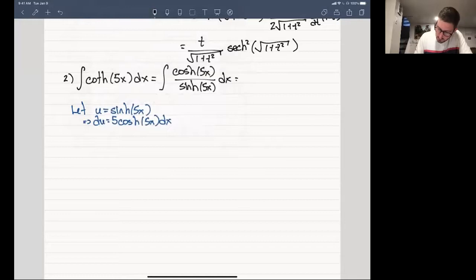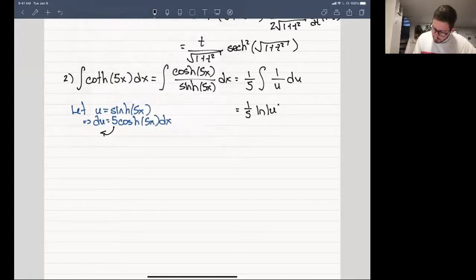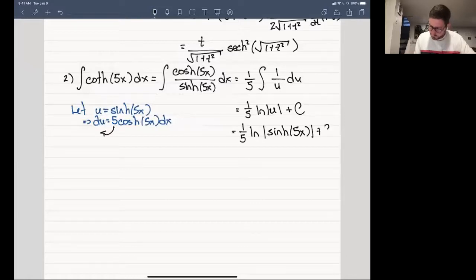And so this will give me the 1/5 coming from dividing off the 5 here, and the integral of 1 over u du, which from 3 video lectures ago we saw is equal to the natural logarithm of the absolute value of u. And then don't forget that plus c. Again, we're not asked for a solution in terms of u, so we back substitute and we get the following. Beautiful, isn't it?